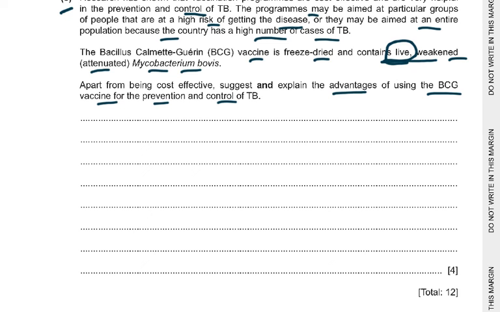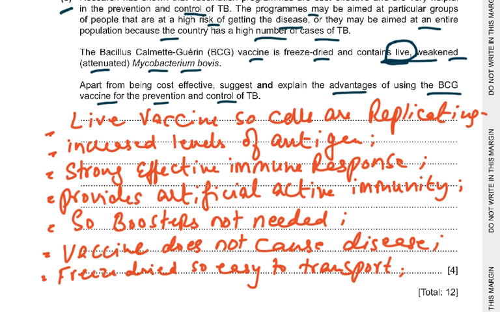And because it is freeze dried, it was easy to transport and store and deliver to the vaccinators, the people who would do the vaccination program. Live vaccine, so cells are replicating, increased levels of antigen. Why? Because if in the injection you gave 1 million weakened bacteria, they are replicating, so there'll be 2 million in 20 minutes.